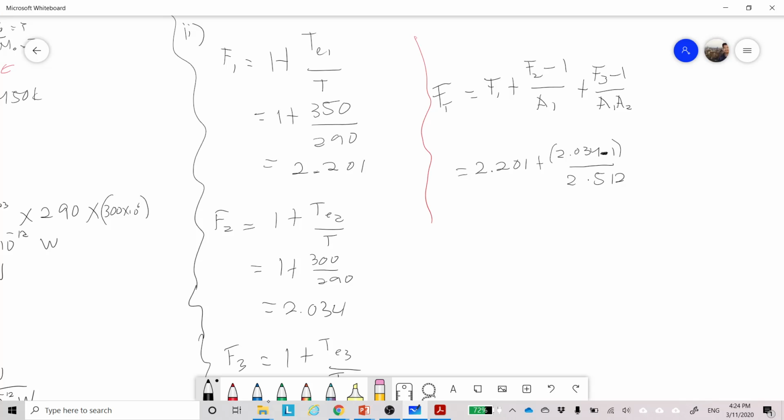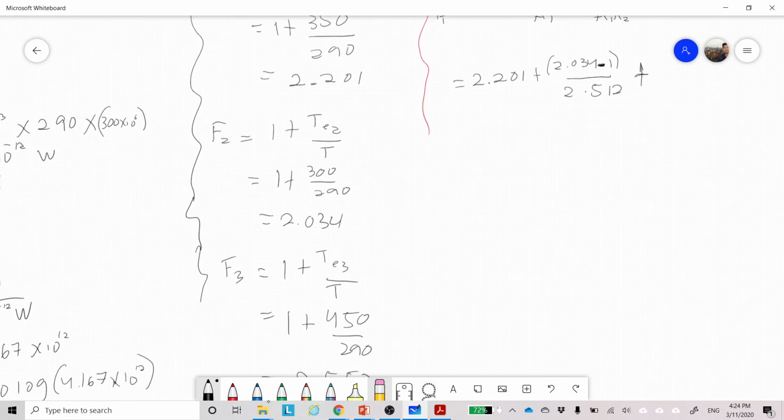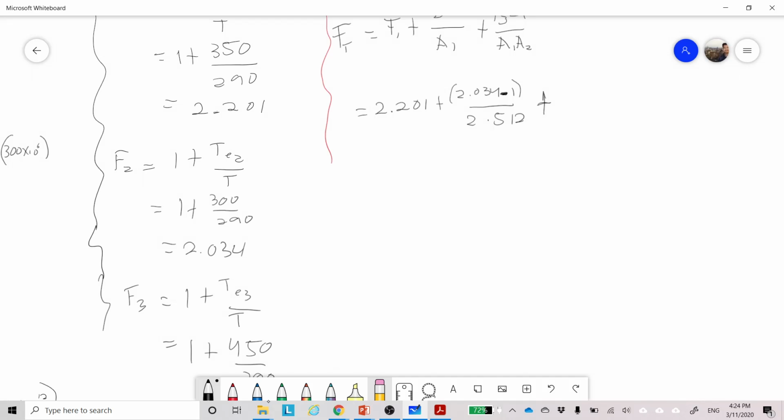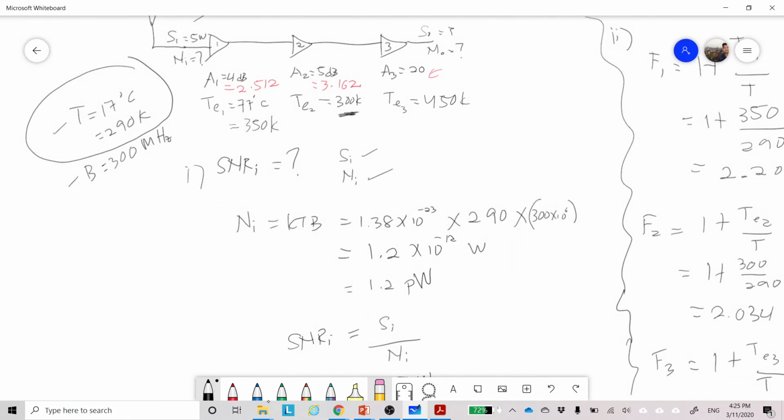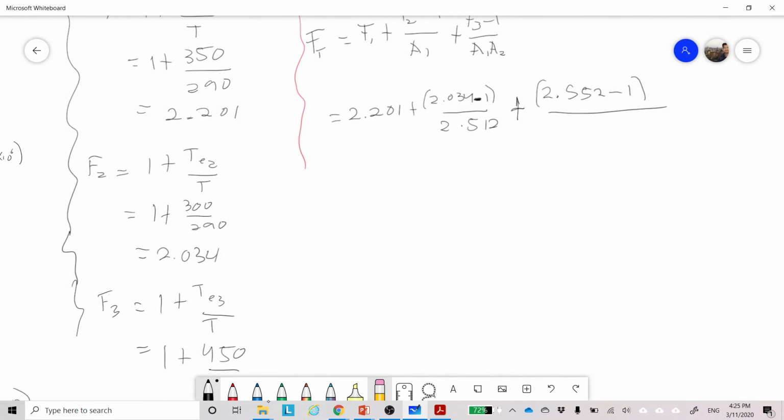Okay. Tambahkan dengan F3. F3 adalah 2.552. So tambahkan dengan 2.552 tolakkan dengan 1 dibahagikan dengan A1 A2, A1 kali A2, 2.512 darabkan 3.162, barulah you boleh dapat jawapannya.